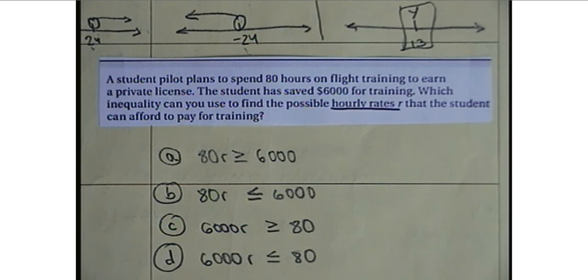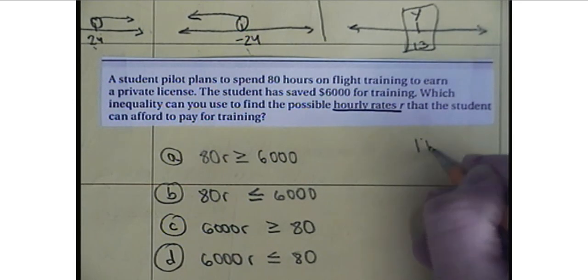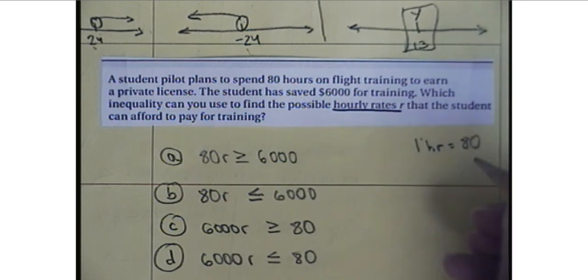So we have 80 hours times hourly rate, right? Because each 1 hour is equal to 1 hourly rate.